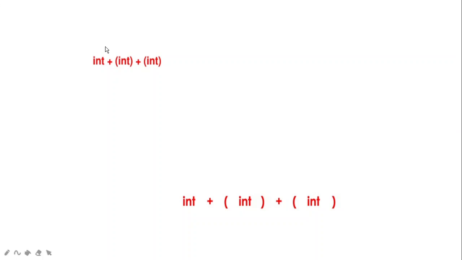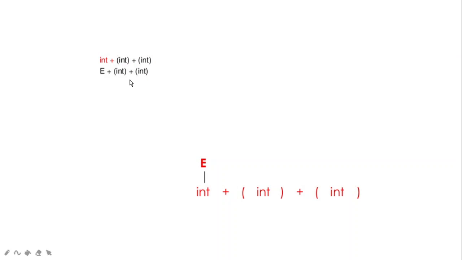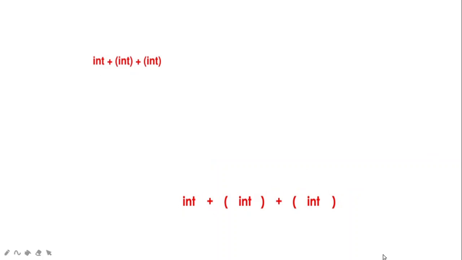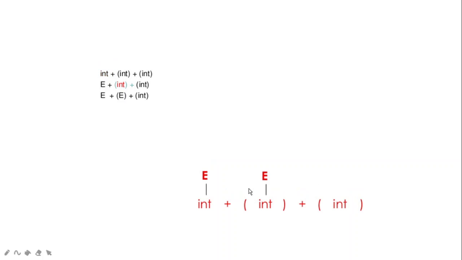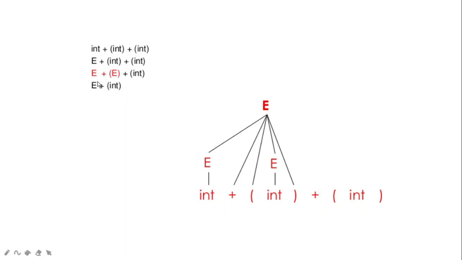Here we have int and int. The int will be reduced to E. We are moving from bottom to top, bottom up. Okay, int with E, then again int with E, and then again star with E. Here you can see that E and E are connected with int and int.